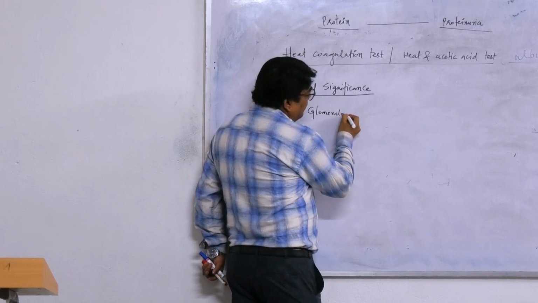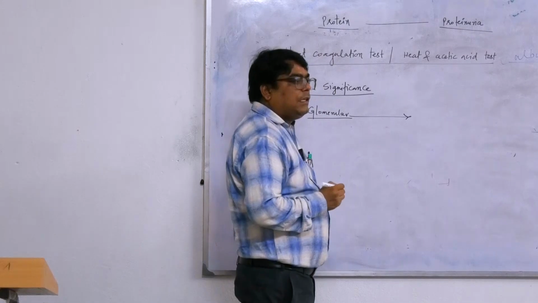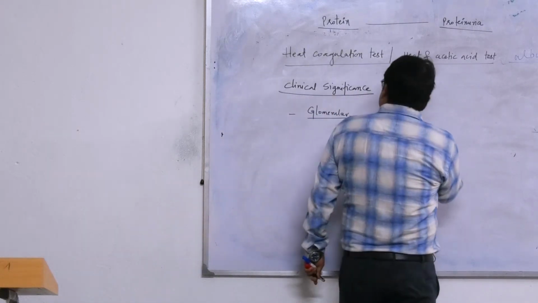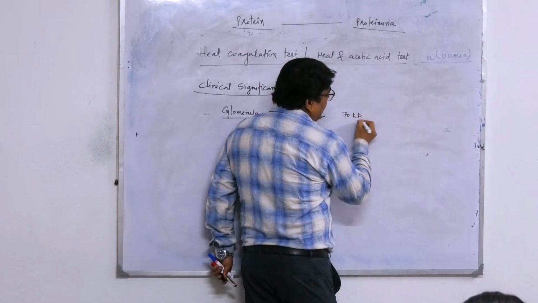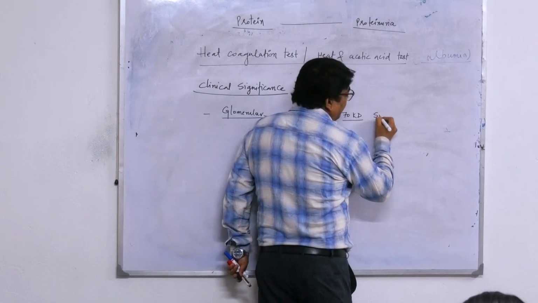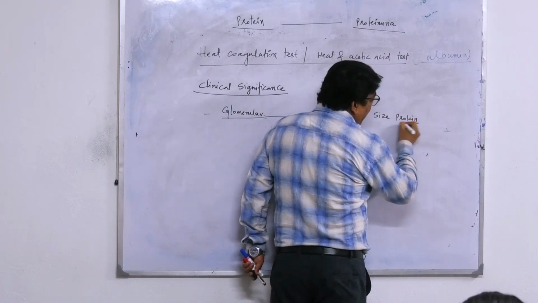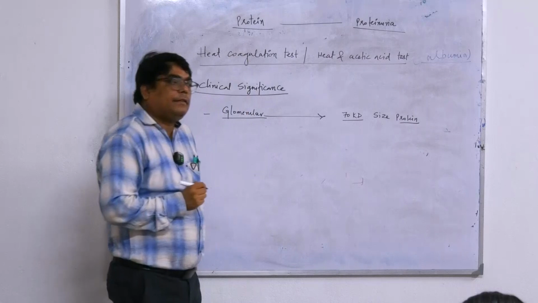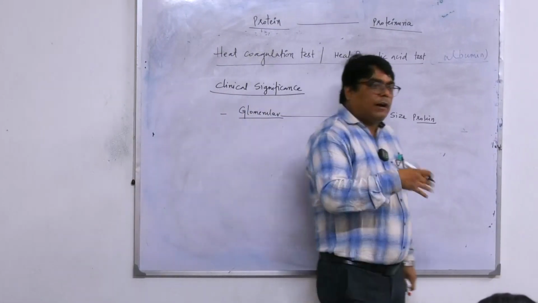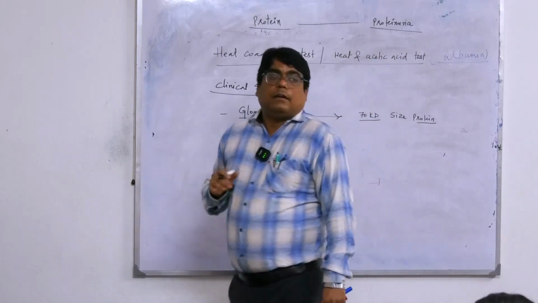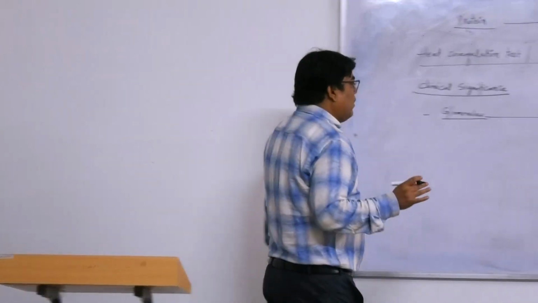The glomerulus is where the filtration process generally takes place. They can filter proteins up to 70 kD in size into the glomerular filtrate.